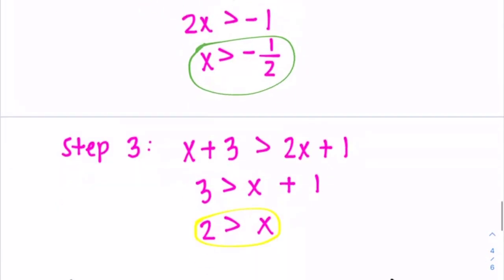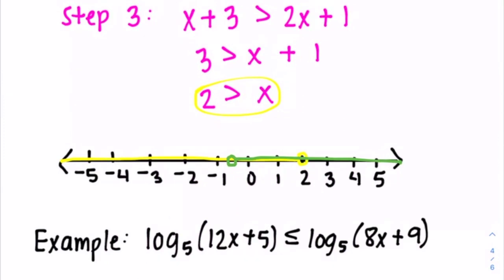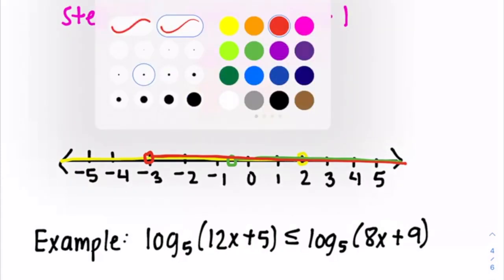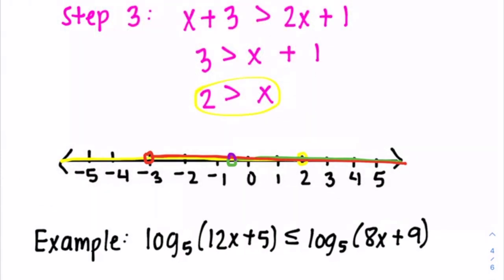And then we'll graph x is greater than negative 3, again with an open circle. And this little portion in the middle where all three of our lines overlap is going to be our solution set. Putting that in set notation, we have negative 1/2 to 2.